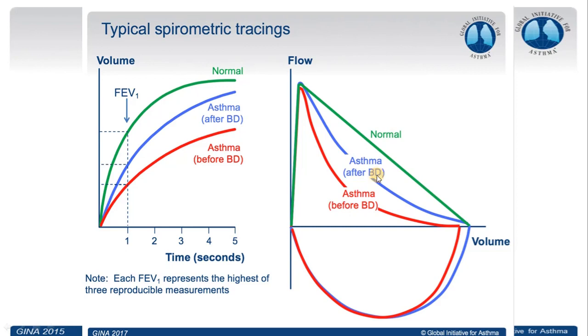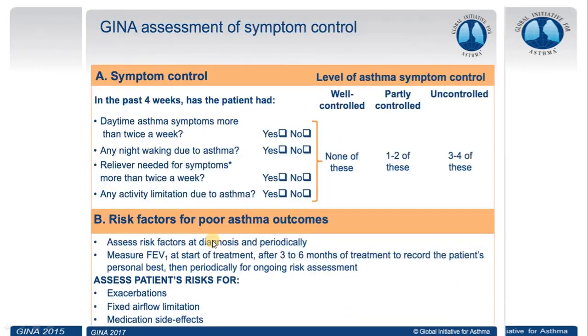After 30 minutes of bronchodilator, the patient improved by more than 12%, or more than 200 ml. That means this patient has a positive reversibility test and it supports the diagnosis of bronchial asthma. And the same diagram is shown here as a volume time graph.